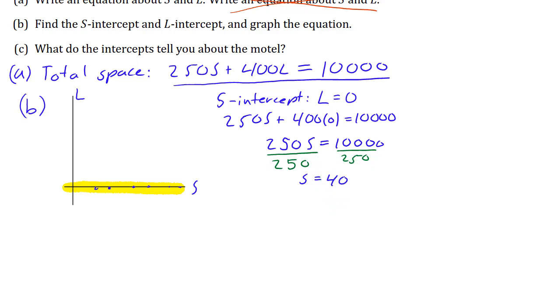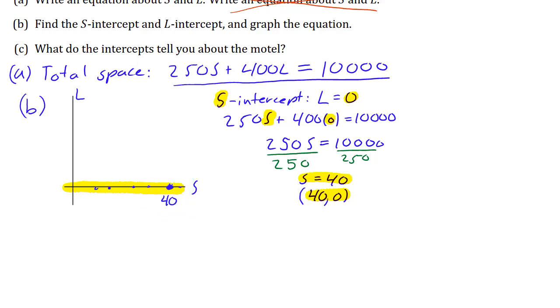So that means if L is 0, the value of S that we get is going to be 40. So there's this point here, 40, 0. That's going to be over here somewhere. That's the actual point that we have.